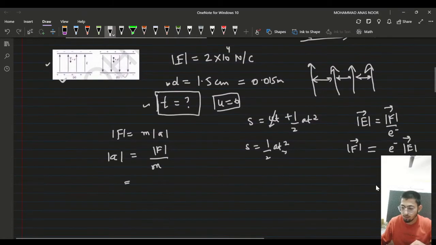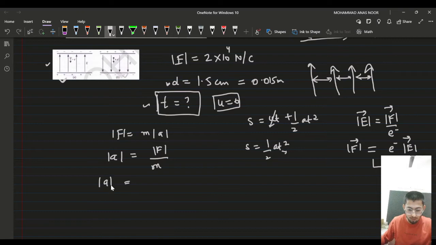Let's say this is the first equation. So from the first we can say that a is equal to f, which is e into capital E, the electric field, although I should put a minus sign because that is an electron, upon m.